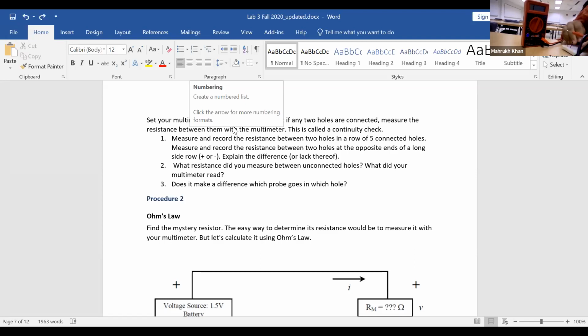Okay. Now if I move my wire from here to any other hole which are not connected like that, okay, so I will check them. You see that it's not changing at all, which means that they are open circuit. They are not connected to each other. Okay. Got it?